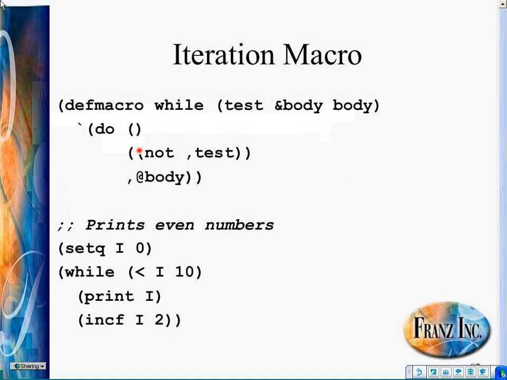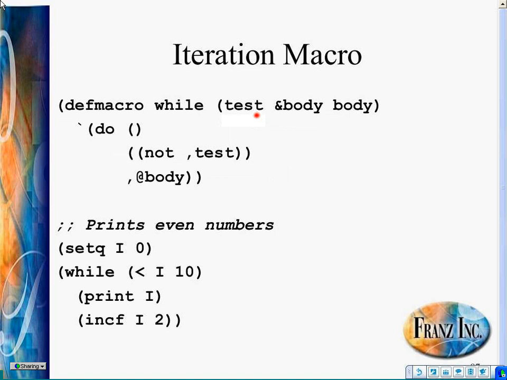Now, here we go in and we use the do operator. Remember, the do operator first of all starts out with a number of initialization forms. We don't have any initialization forms, so this list is empty. And then it has a test form, and when that test form is true, what do we want to do?